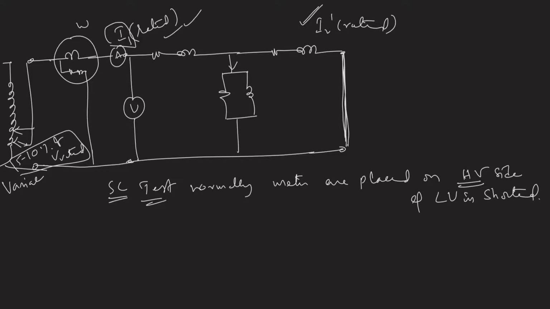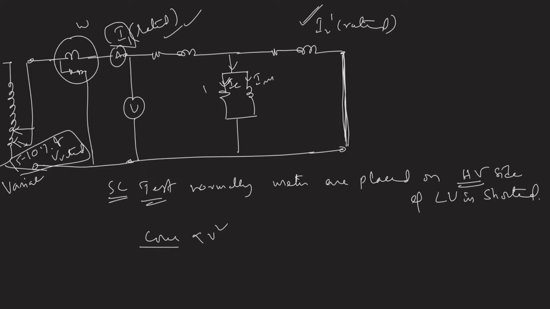the magnetizing current component and the loss component are very small, because as I said, core loss is proportional to V square. So V is reduced to 5 to 10%, so core losses will reduce by square times. So that means core losses are almost neglected.